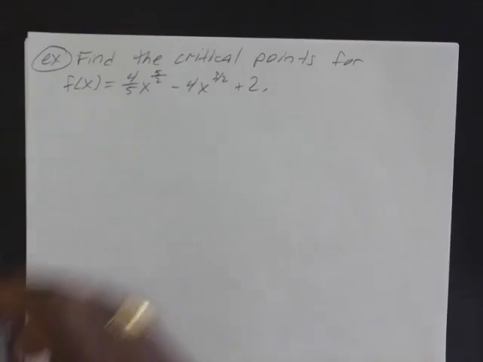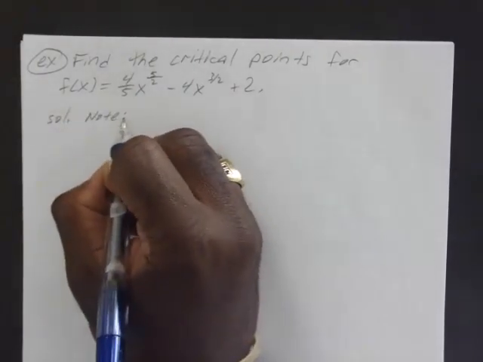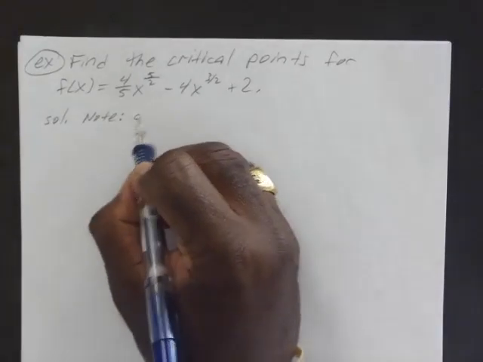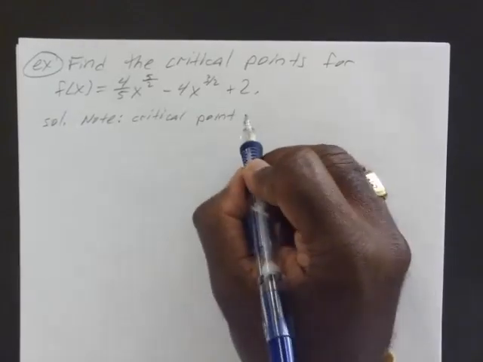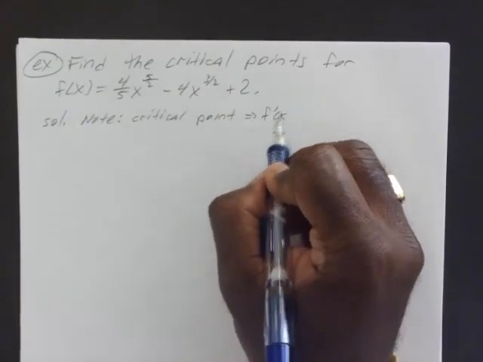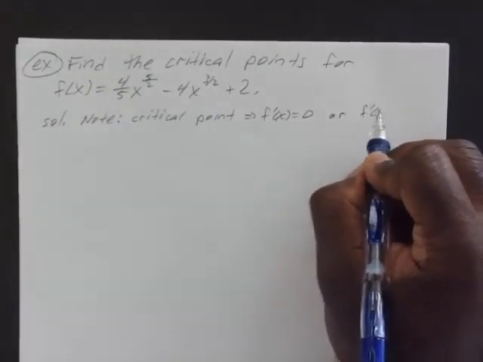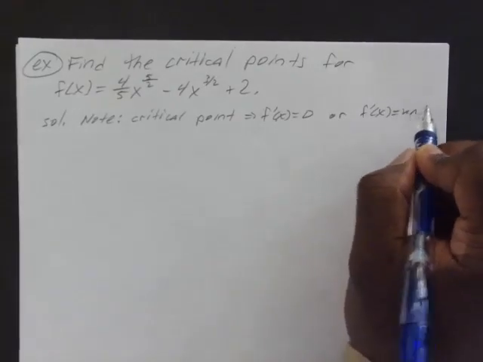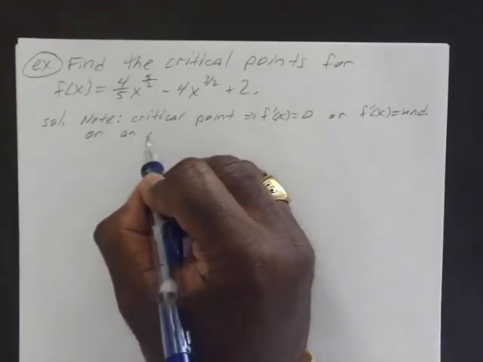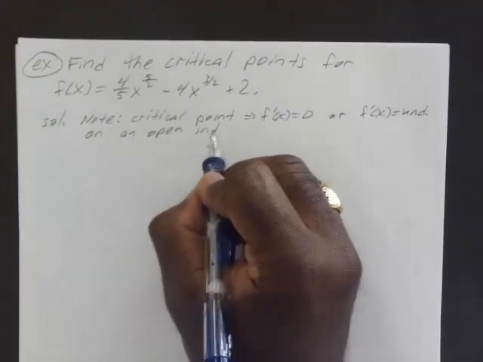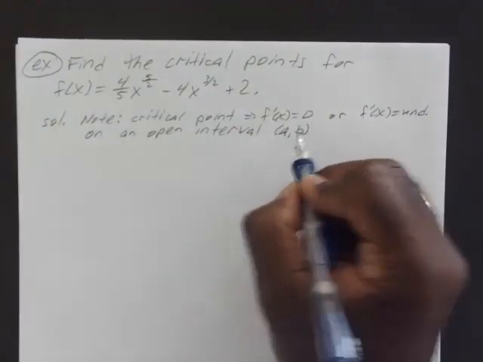Okay, so for this one, you want to remember that your critical point is where your derivative is equal to 0 or your derivative is undefined on an open interval from A to B.